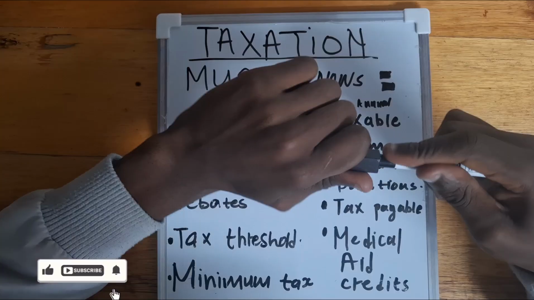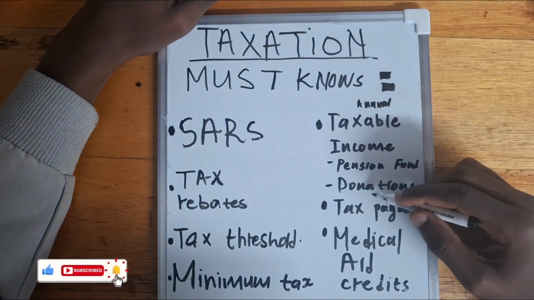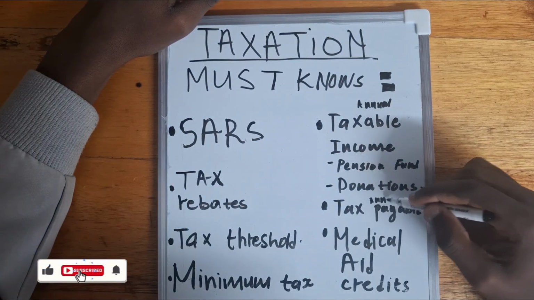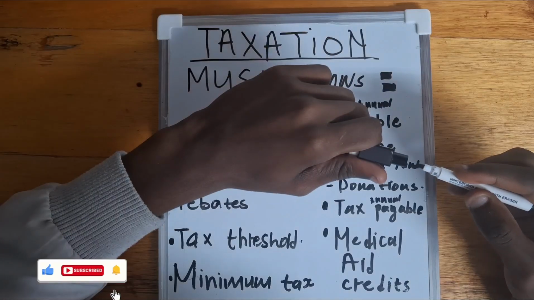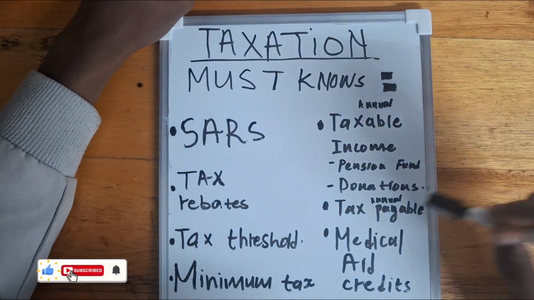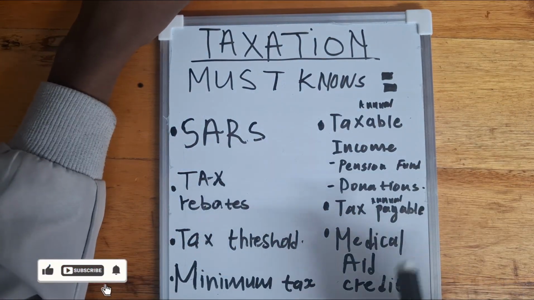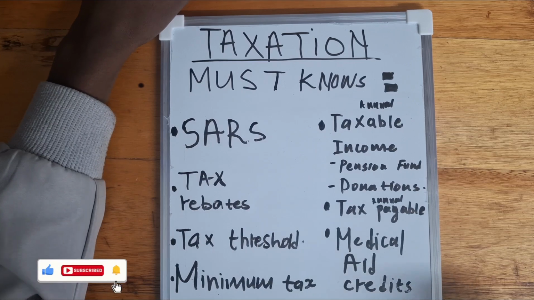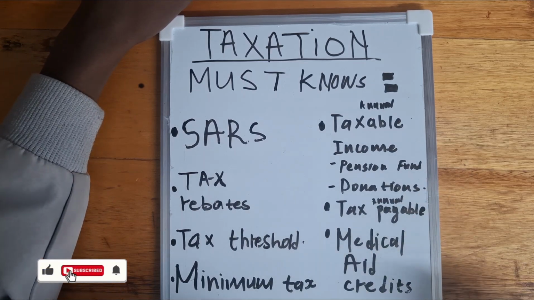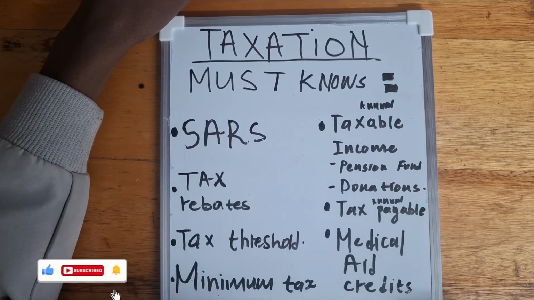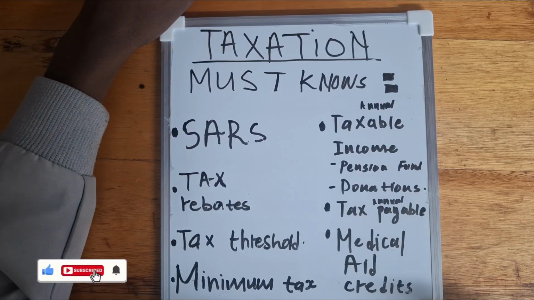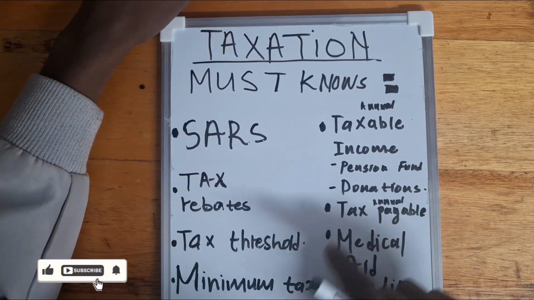You must also be able to calculate the annual tax payable. We'll get into that. You must also be able to minus the medical aid credits from the tax payable. So you must be able to calculate these.